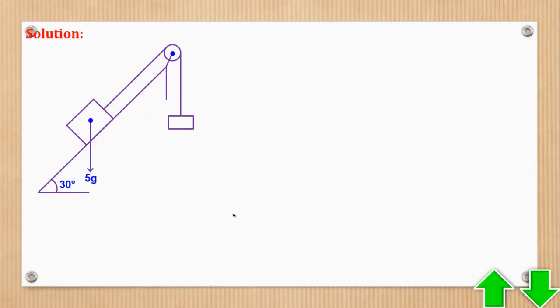The weight for this is 5g, then its component parallel to the plane and perpendicular to the plane. Then the normal reaction, capital R. Then next we shall go to tension in the string. Tension arrows must point towards each other. Always, these arrows must point towards each other.